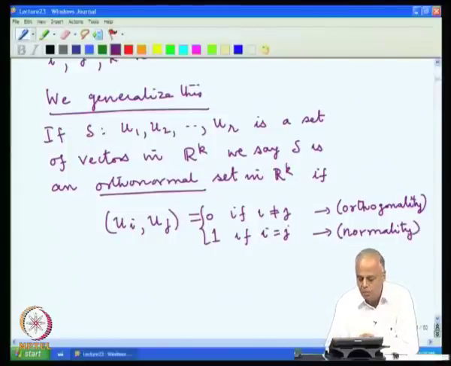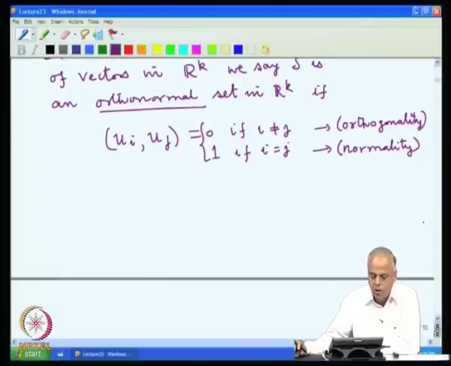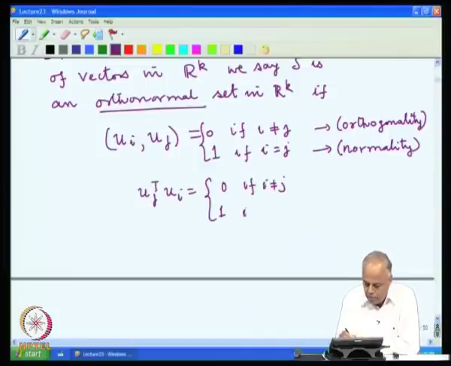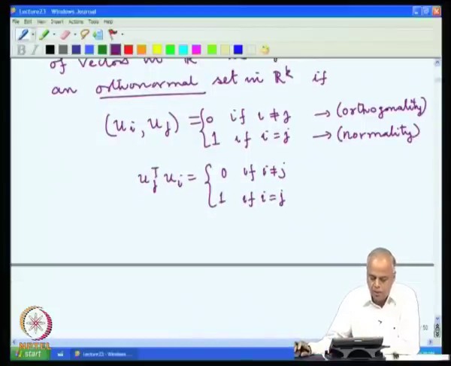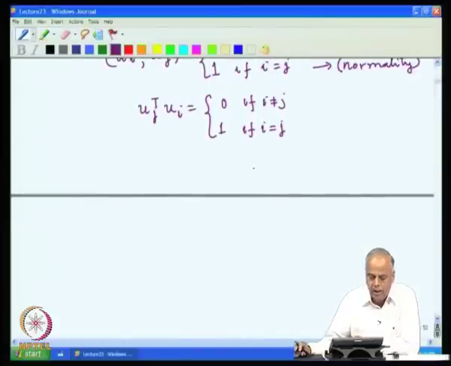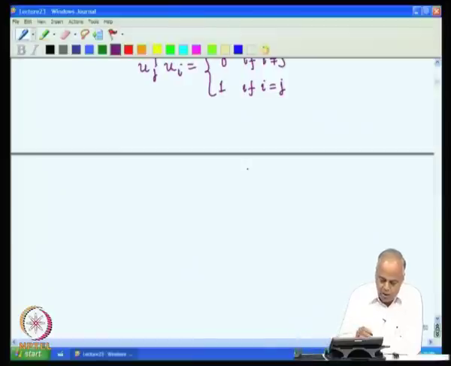Each vector has been normalized to have length 1, and that is why we call the set an orthonormal set. Or if you want to write it in terms of the transpose notation, this means u_j transpose u_i is equal to 0 if i is not equal to j, and 1 if i equals j. So, the vectors are orthonormal if any pair of them is orthogonal to each other and every vector has length 1. Let us look at some simple examples.